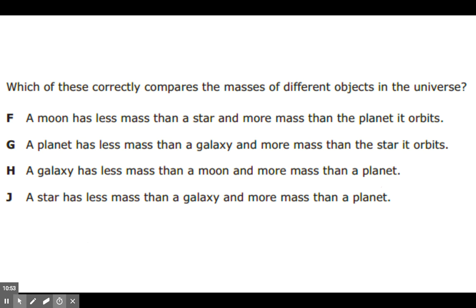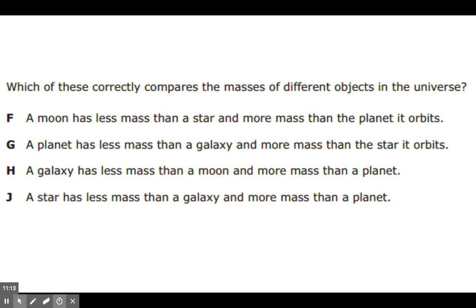A moon has less mass than a star and more mass than the planet it orbits. A planet has less mass than a galaxy and more mass than the star that it orbits.